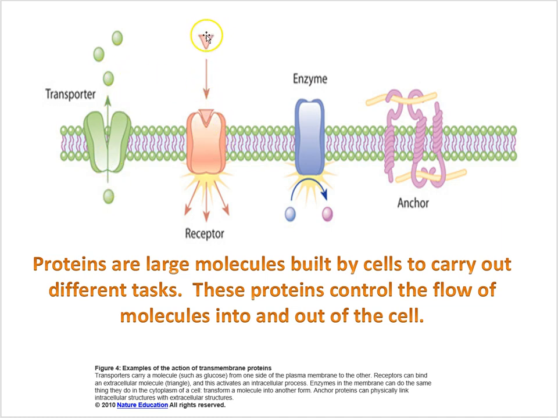This orange one is going to take this different molecule and bring it into the cell. This one's going to do some chemical reaction near the membrane, and this protein maybe is going to anchor the cell to another cell if this were a multi-celled creature. So the proteins control the flow of materials into and out of the cell, as well as helping cells connect if it's a multi-celled organism.